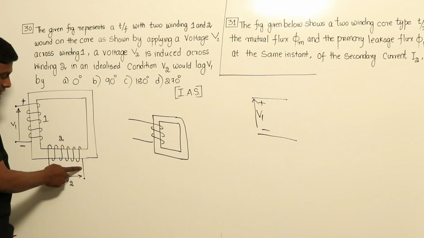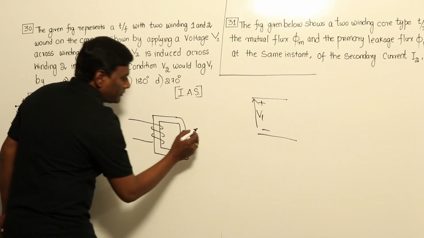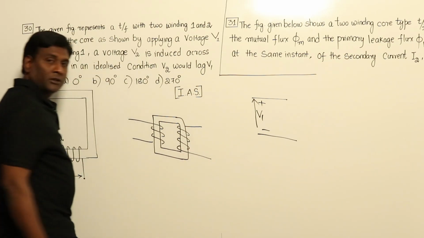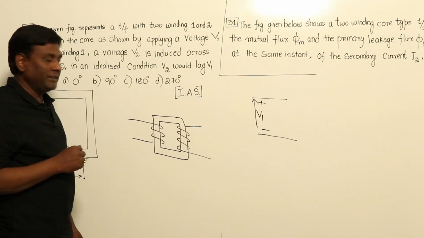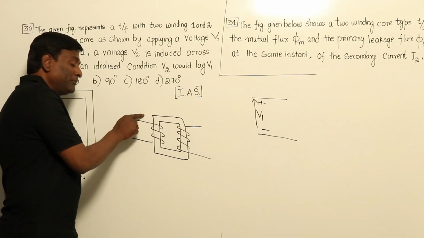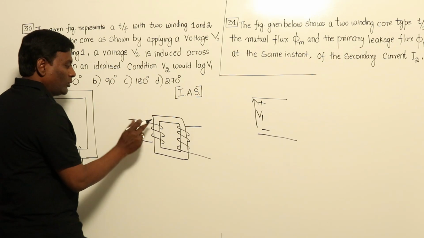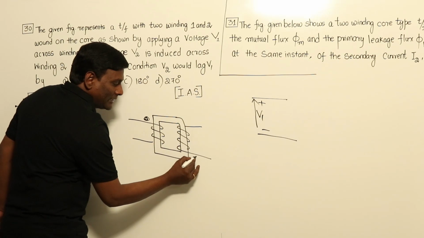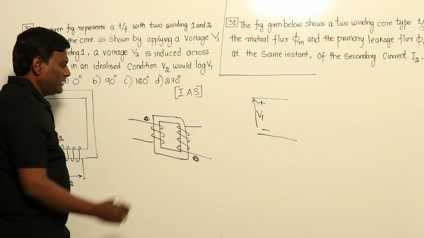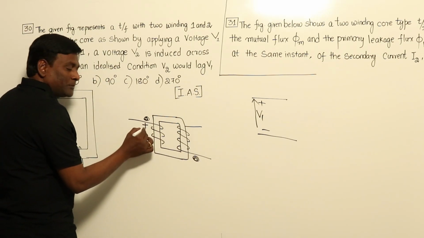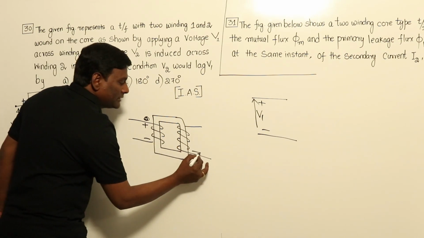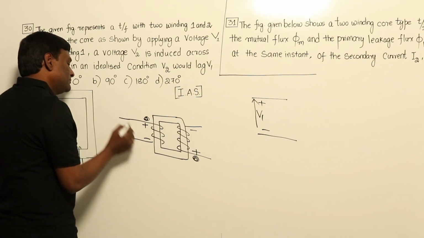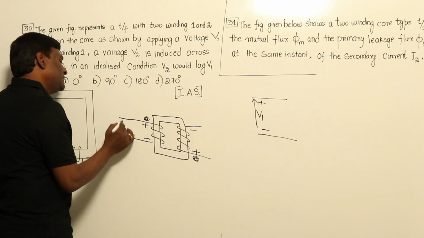Here it is behind the core, so like this. As I told previously, if there is a limb here, and upon the limb there is a wire, keep the dot there. Upon the limb wire is there, keep the dot here. So what does it mean? Whenever at one instant this is plus, at the same instant this is going to be plus, by the sense of the winding. Now he connected the voltage here, so this is V1 they have given.